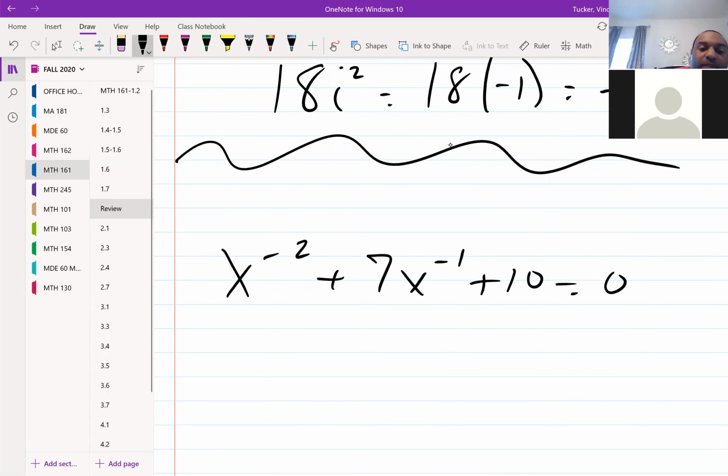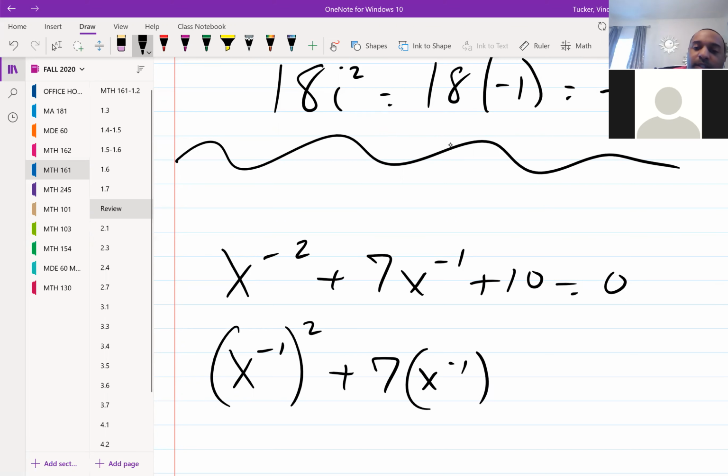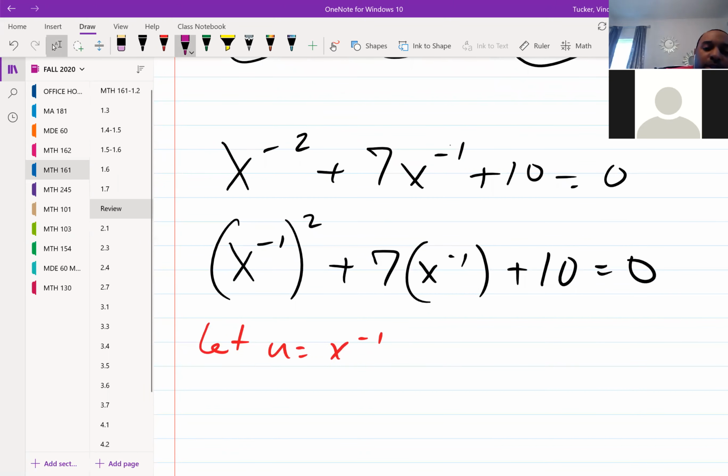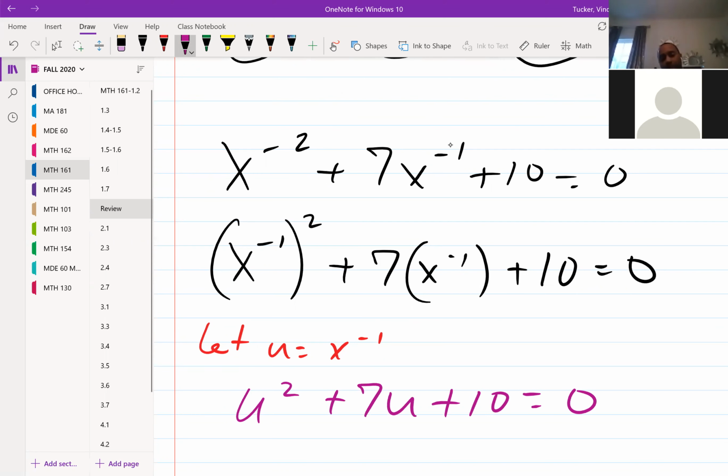We recognize that we have this quadratic scenario again, an equation that's in quadratic form, because we have x to the negative 1 that's squared here, and then we have x to the negative 1 that exists here. And so if we let u be equal to x to the negative first power, that means our new equation is going to be u squared plus 7u plus 10 equal to 0.